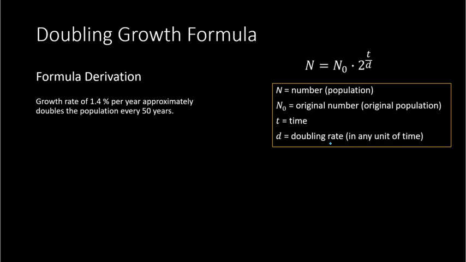Okay, so assuming that's a true statement, we can use this information. If you think through to figure out the population at the end of a certain period of time, we start with the original population, and then we keep multiplying by 1 plus r.